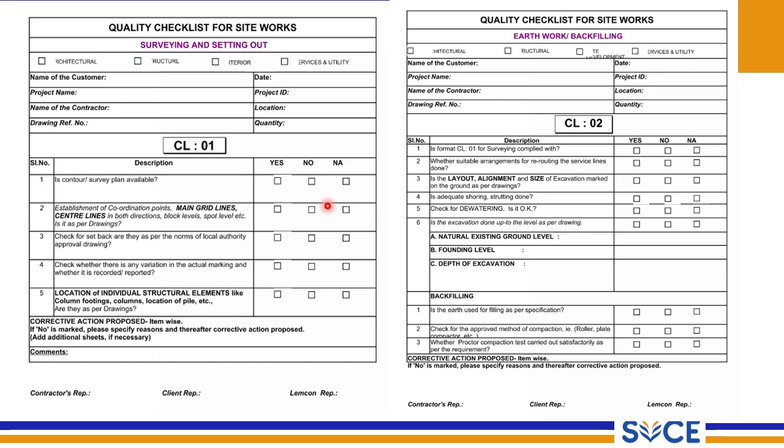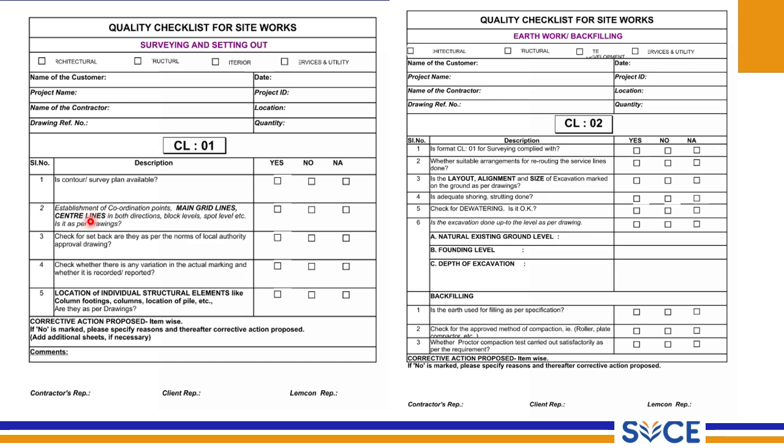Next part of the checklist: establishment of coordination points, grid lines in both directions, block levels, spot levels, etc. Is it as per drawings? From this, one can understand that in a checklist, everything is like a questionnaire.